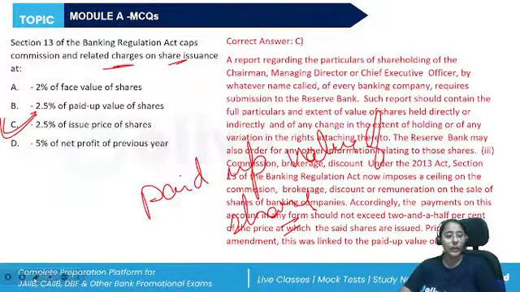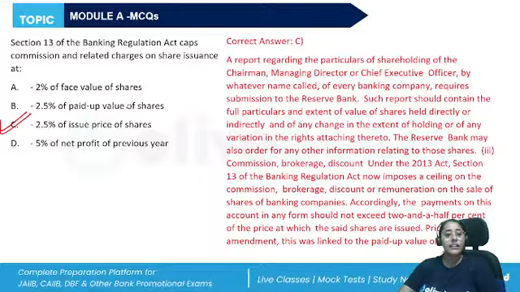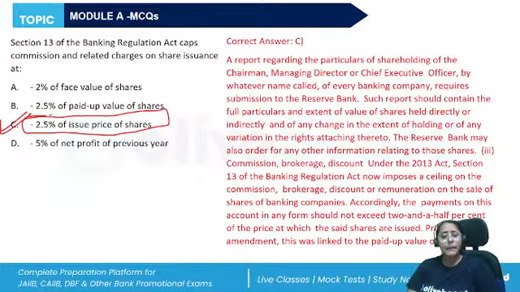Please remember this point. Do not get confused. This is the norm. So the payments on this account in any form, commission, brokerage, discount, remuneration on the sale of shares, should not exceed 2.5% of the price at which the said shares are issued. So 2.5% of the issue price.